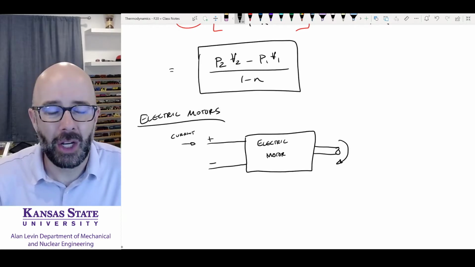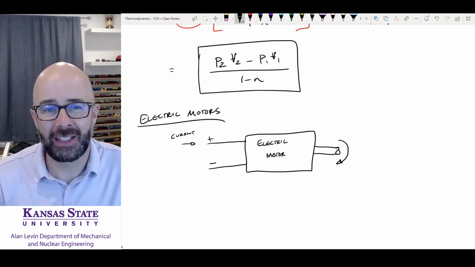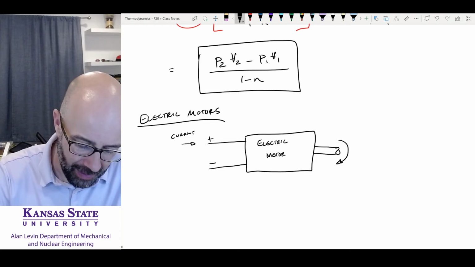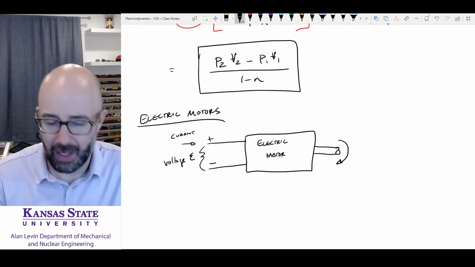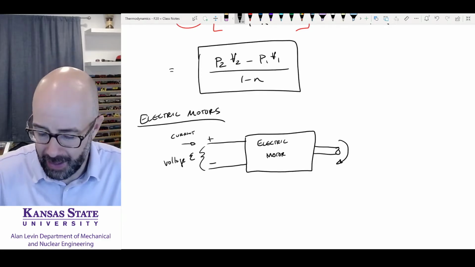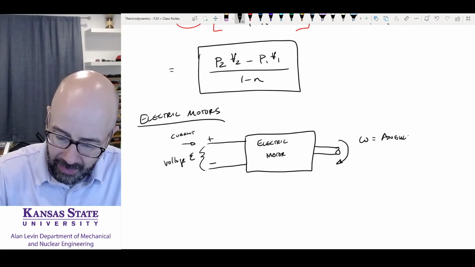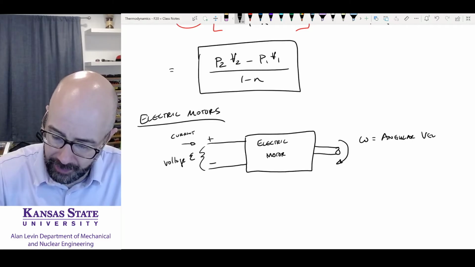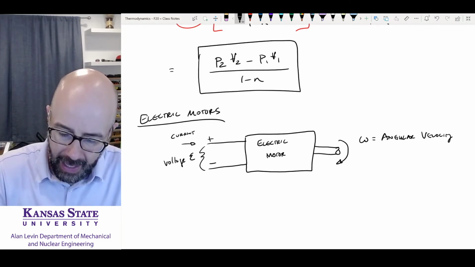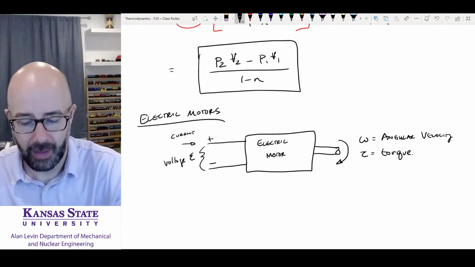We've dealt with V for velocity and V for volume, so for this voltage we're going to use epsilon. Now coming out this other end, you're going to have omega, which is your angular velocity, and tau, which is equal to torque. That's what we're going to have.